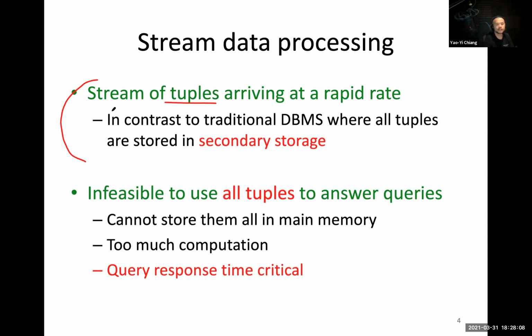So in contrast to the traditional database management system, where you can store all your data points or tuples in a static place or secondary storage, and when you query, you have the full picture of the entire data set, right?